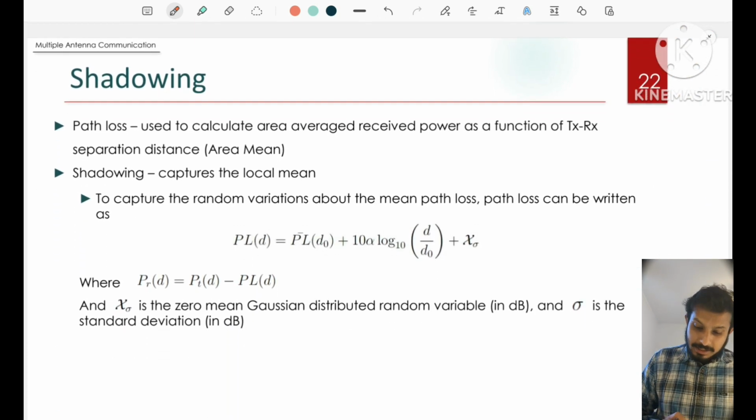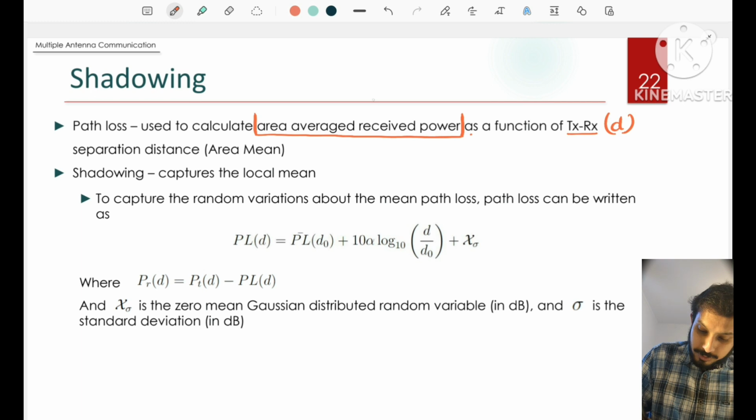So if we summarize, path loss is used to calculate area averaged received power as a function of transmitter and receiver distance, and it computes the area mean.